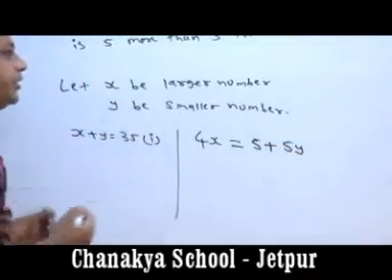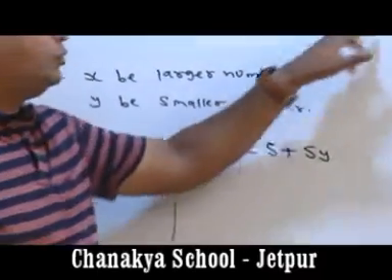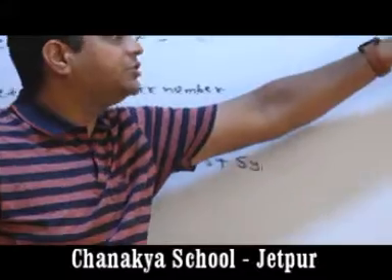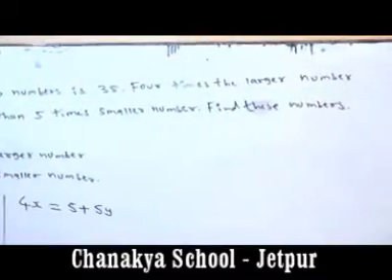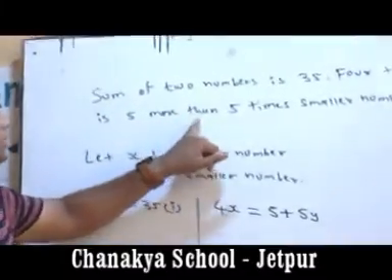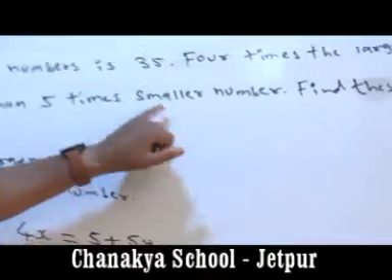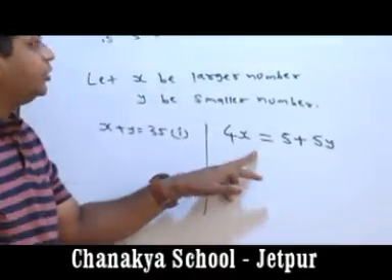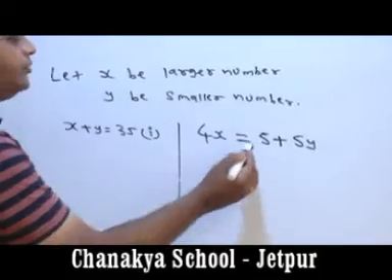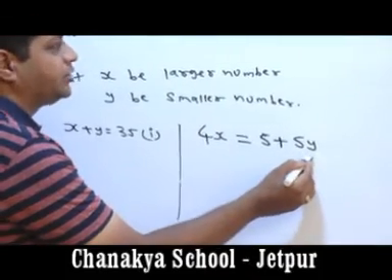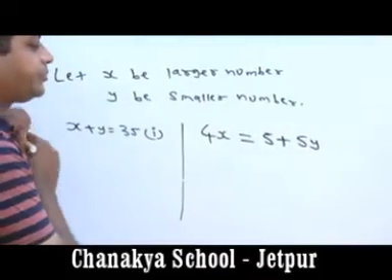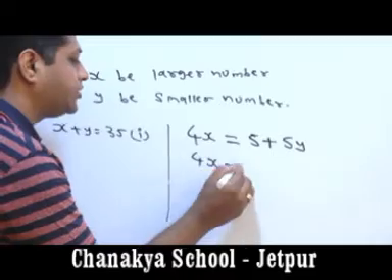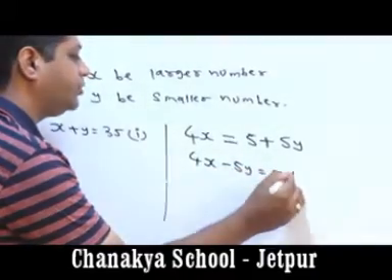Okay students, repeating again, 4 times the larger number is 4x, equal to 5 more, 5 plus 5 times the smaller number, means 5y. 4x minus 5y equal to 5, equation 2.